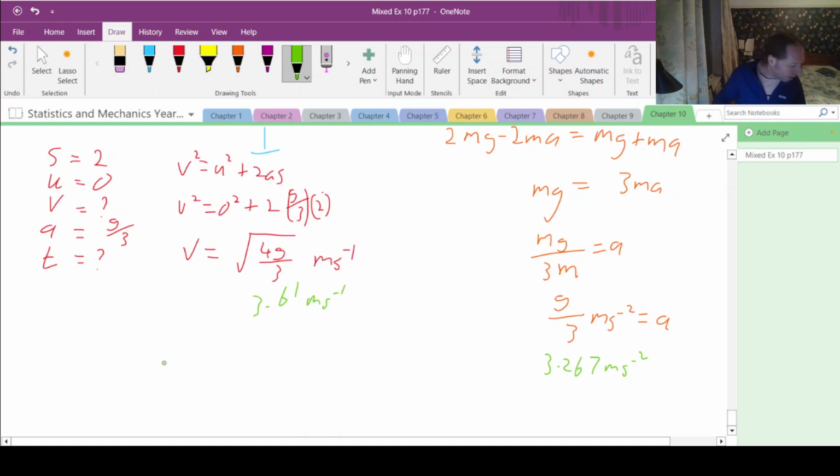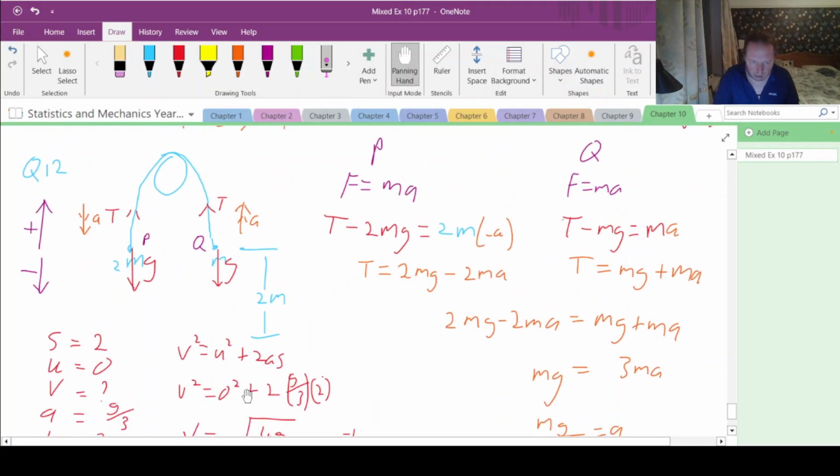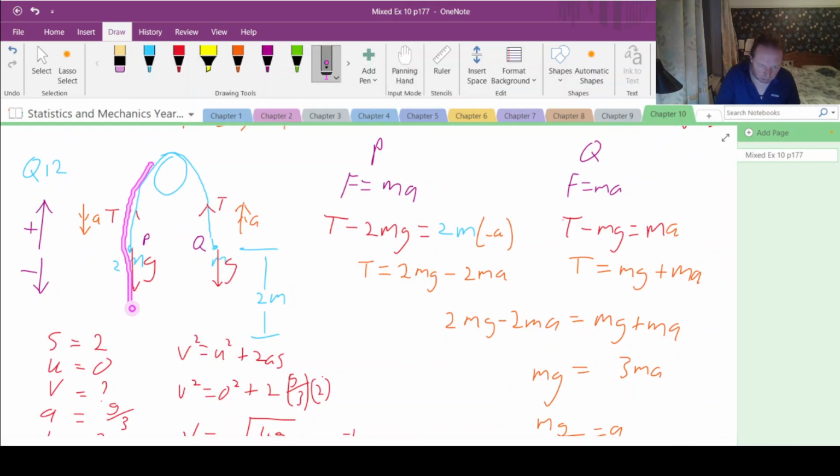All right, good. Given that particle Q does not reach the pulley, find the greatest height that Q reaches above the ground. So, what is going on there? As it shoots up, this one comes down and hits the ground, smack, and this one has shot up and has stopped, but it won't have stopped.